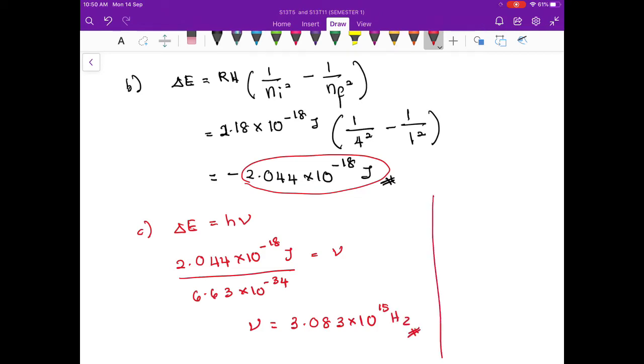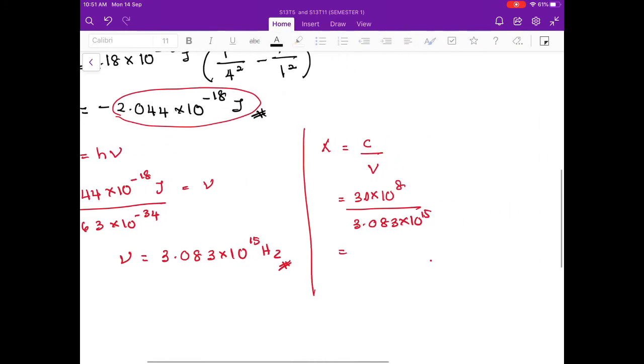And what about the lambda? Lambda is c over frequency. We already have c, 3 × 10^8, divided by 3.083 × 10^15.